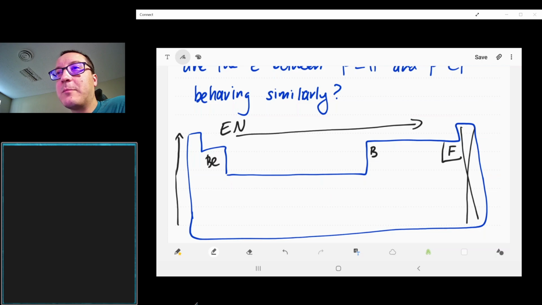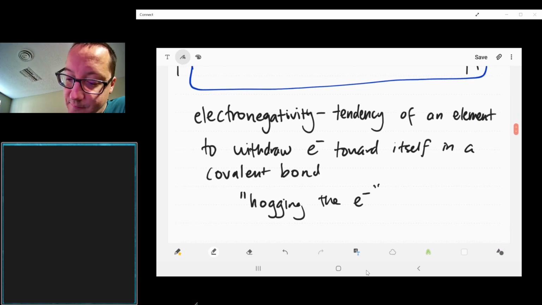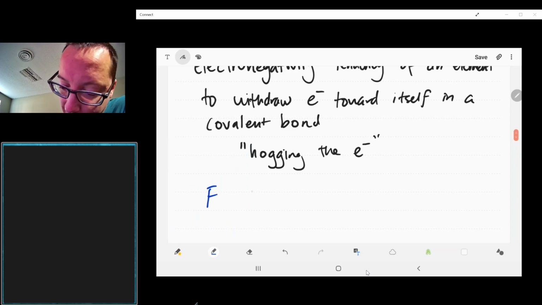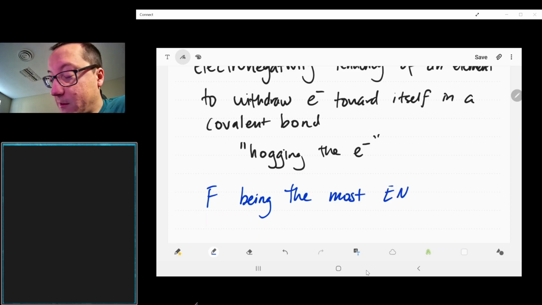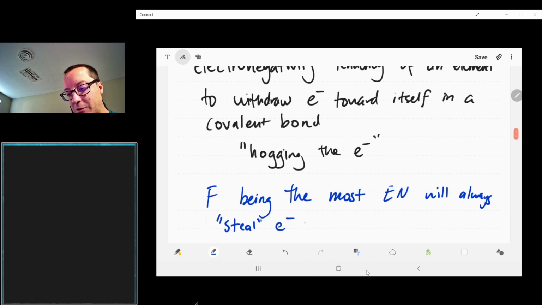So back to the screen. We're going to see that fluorine, being the most electronegative, will always kind of steal electrons in a shared pair.